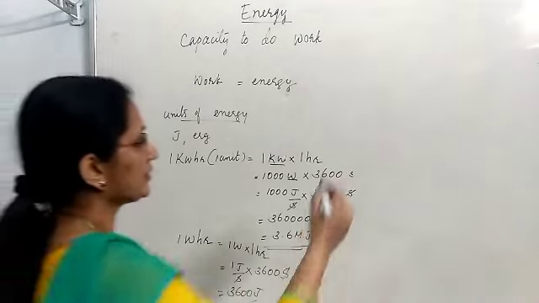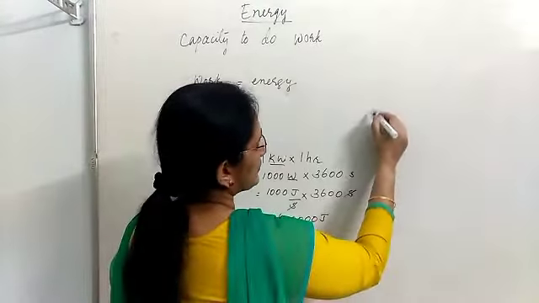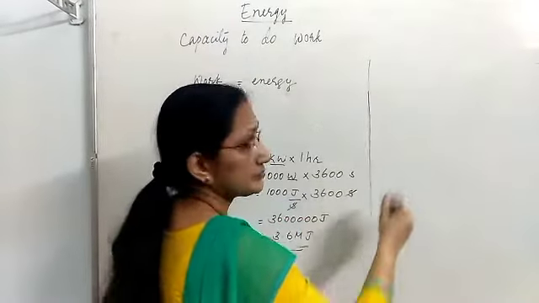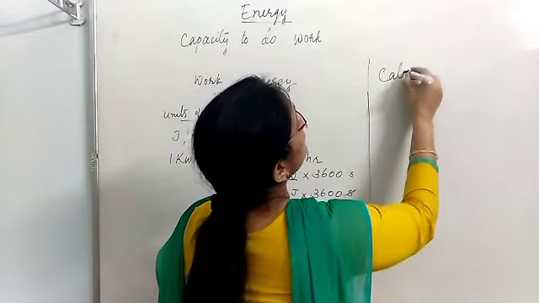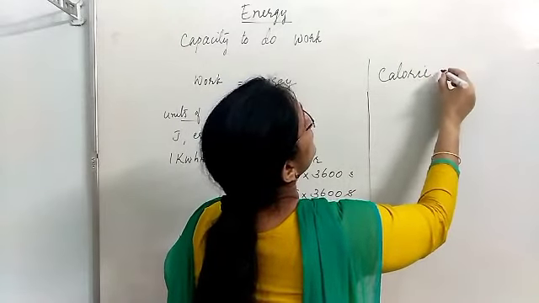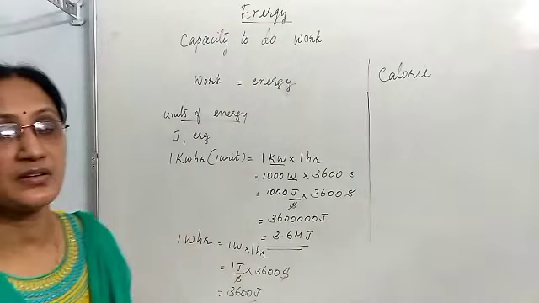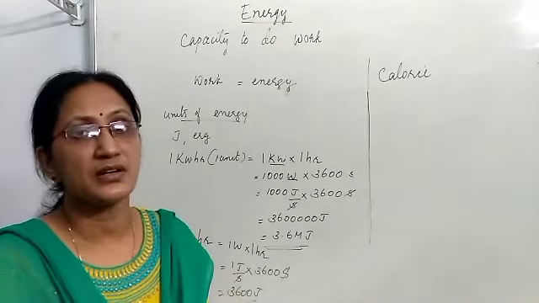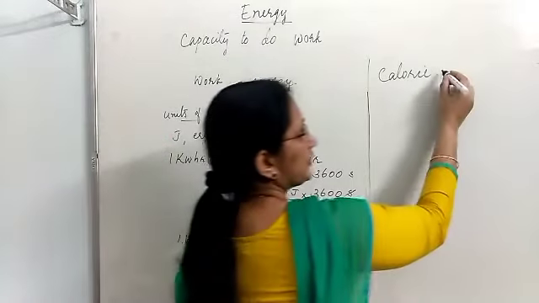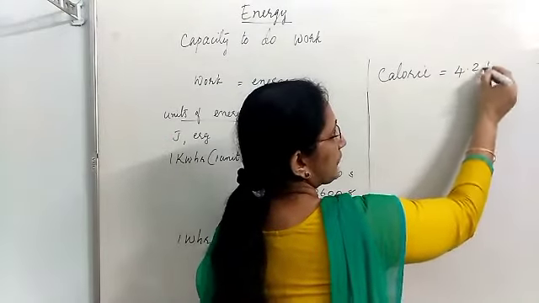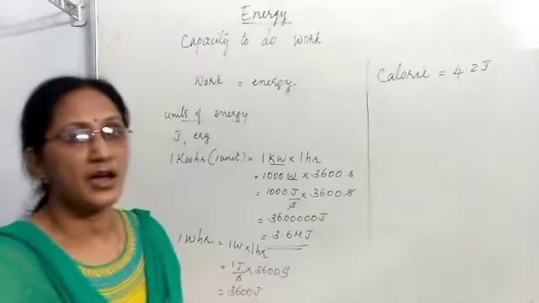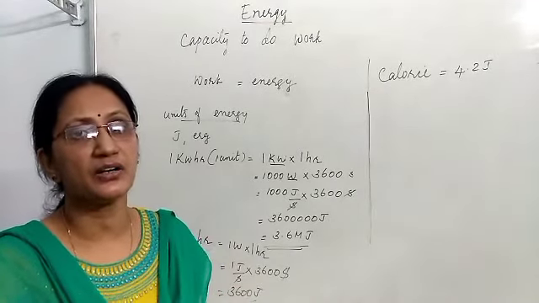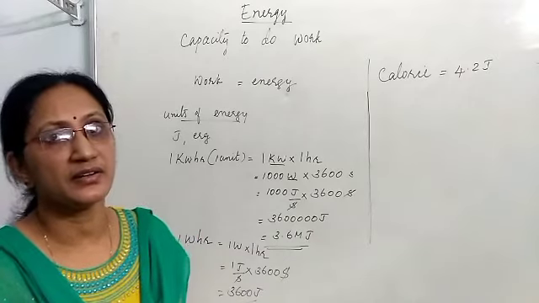Then another unit, calorie. Calorie is an old unit of energy. 1 calorie is equal to 4.2 joule, and it can be defined as the amount of heat energy required to increase the temperature of 1 gram of water through 1 degree Celsius.